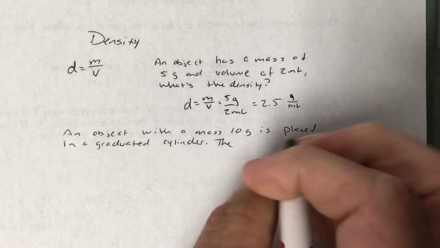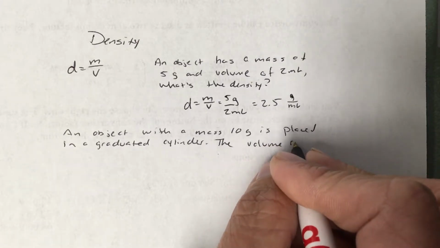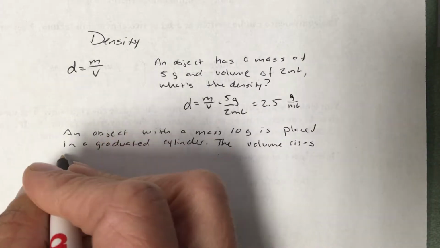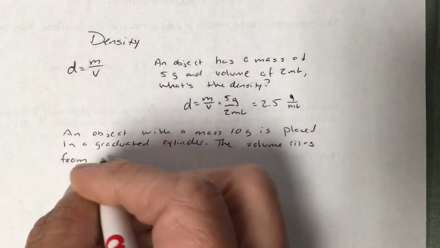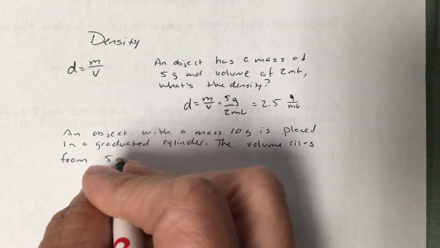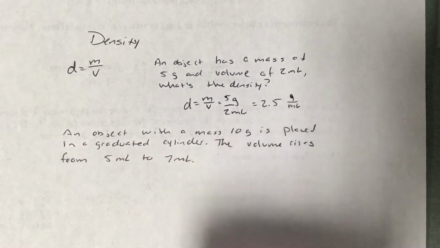The volume rises from 5 milliliters to 7 milliliters. What's the density?